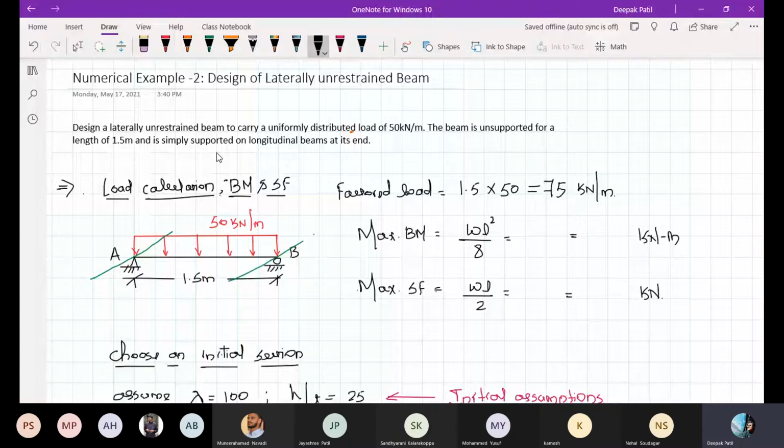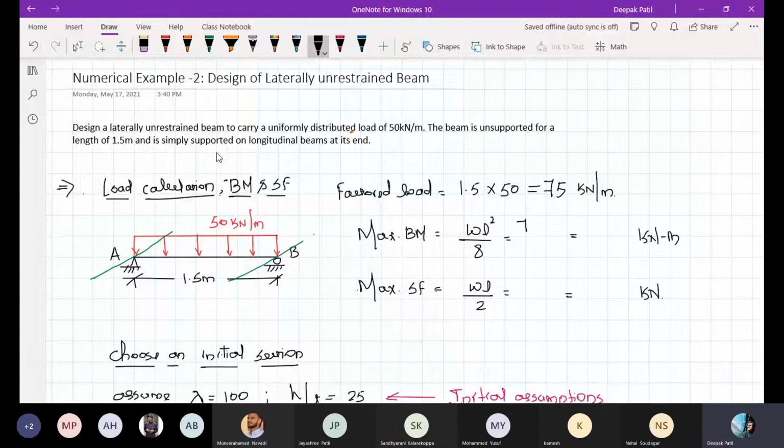Since it is a simply supported beam, we have to calculate the maximum bending moment and the maximum shear force. For a beam carrying a uniformly distributed load throughout, the maximum bending moment formula is WL square by 8. The maximum shear force occurs at the supports and the maximum bending moment occurs at the midspan. So the maximum bending moment, WL square by 8, comes out to be 21.09 kilonewton meter.